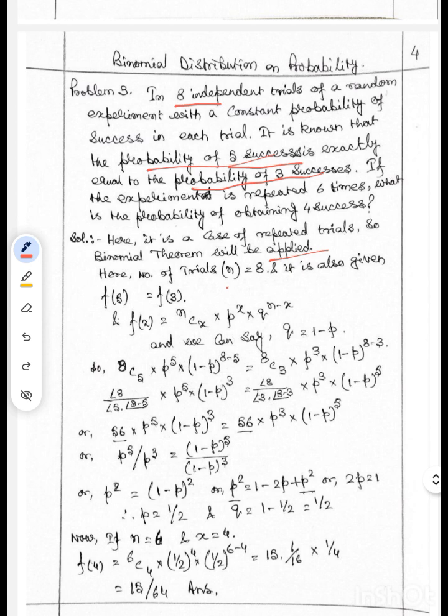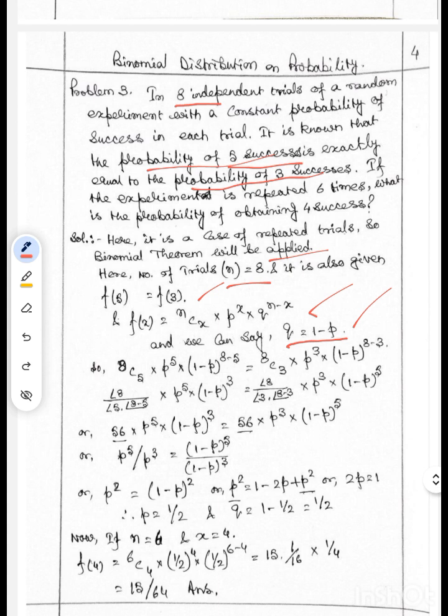Number of trials n equal to 8 is given, and it is also given probability of 5 equal to probability of 3. Then we put the formula n combination x into p to the power x into q to the power n minus x, but instead of q here we put 1 minus p, because we know q equal to 1 minus p.